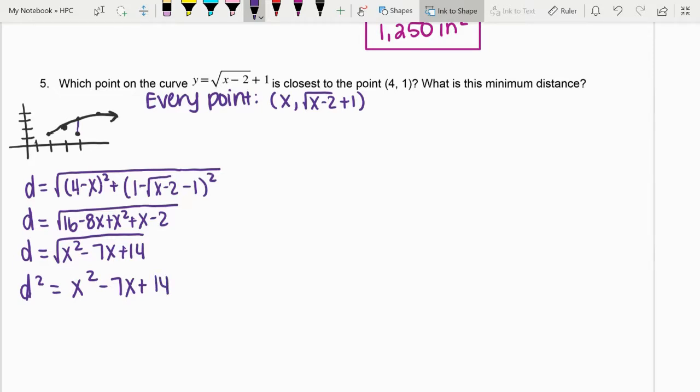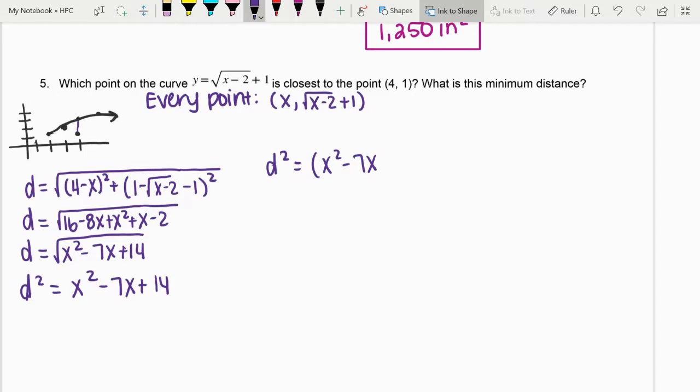So just like we've done with all the other problems, let's go ahead and complete the square. But don't forget that this is distance squared. Okay, that's going to be important at the end of this problem. So we have distance squared is equal to x squared minus 7x. If I divide negative 7 in half, I'm going to get negative 7 over 2.